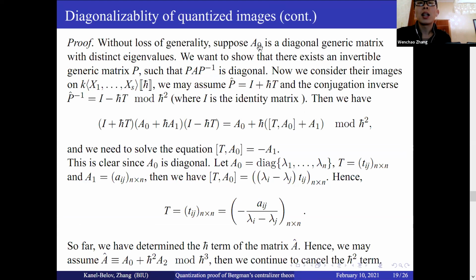So suppose A0 is a diagonal generic matrix with distinct eigenvalues, which we stated before, and we want to show that there exists an invertible generic matrix P such that P minus 1 A P is diagonal.